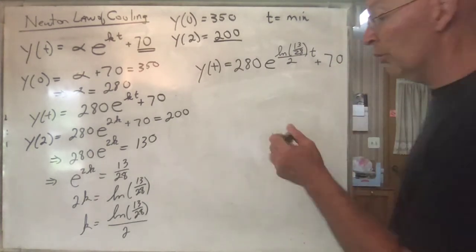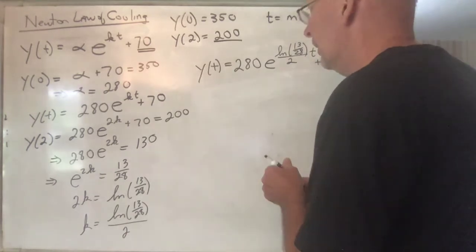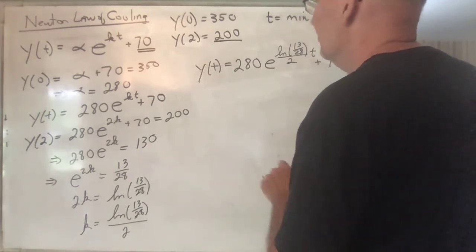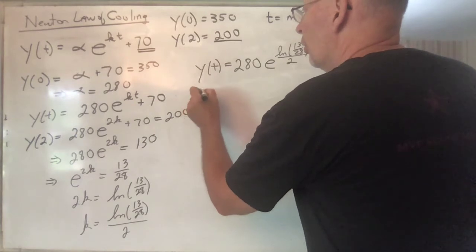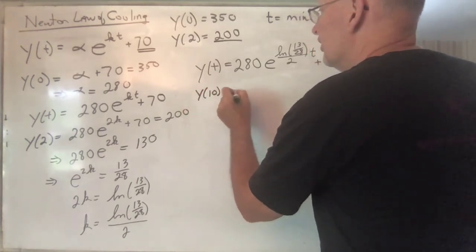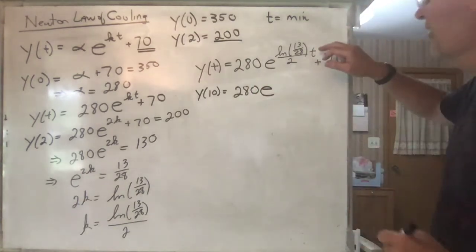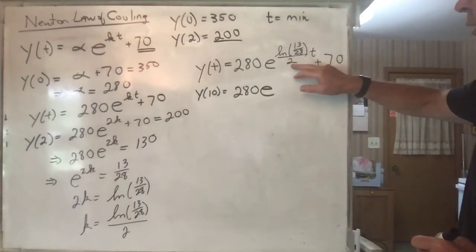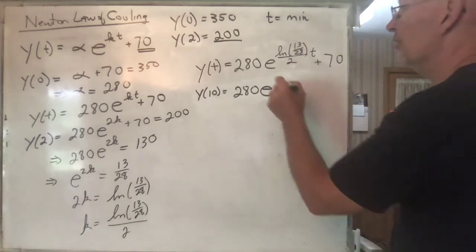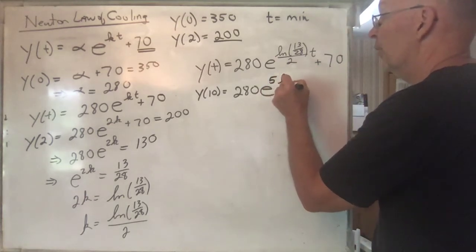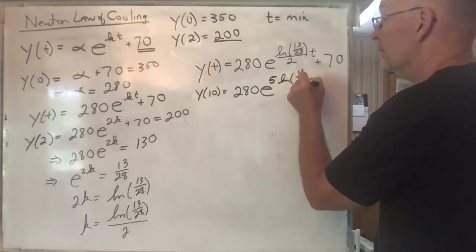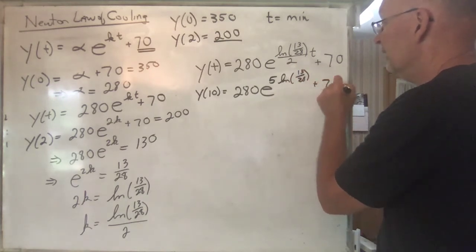So say we want to know what the temperature is going to be at, say, 10 minutes. So we go y of t is equal to 280 times e. Well, let's see. If t is equal to 10, 10 over 2 is 5. So it's going to be 5 times this quantity plus 70.